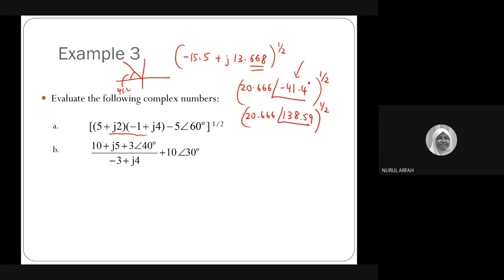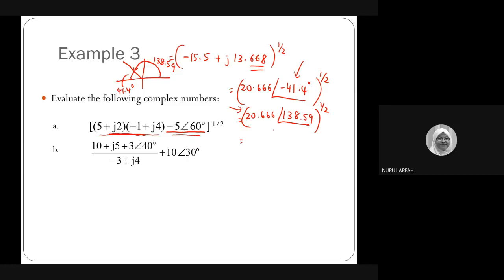So this is 41.4 degrees, and the positive side should be this part. So you want 138.59. But if you use the calculator, I think it directly shows you this, so you just use this. I hope everyone gets this, or at least tries it, because if you try using the calculator, you know that sometimes you make mistakes at the rectangular form or the polar form. So try to avoid that mistake by practicing using the calculator.